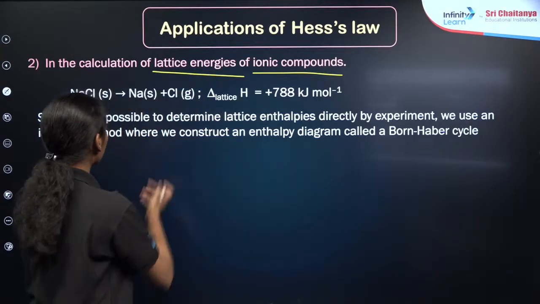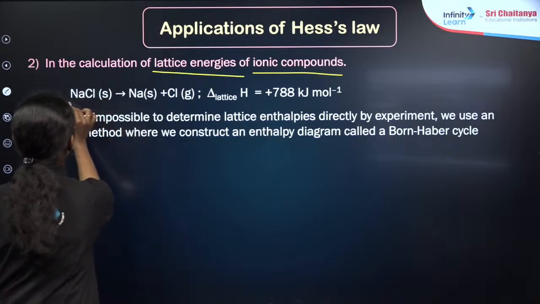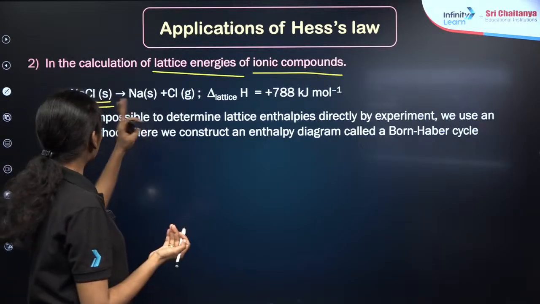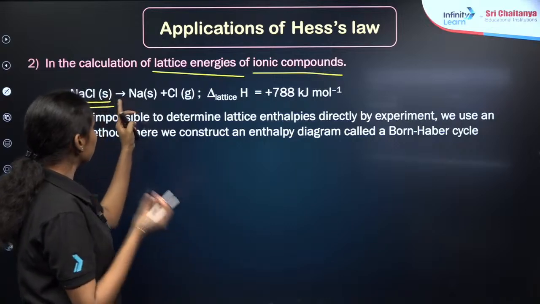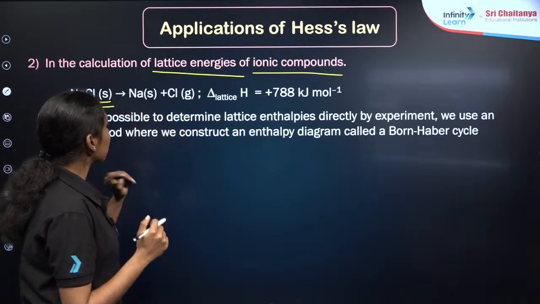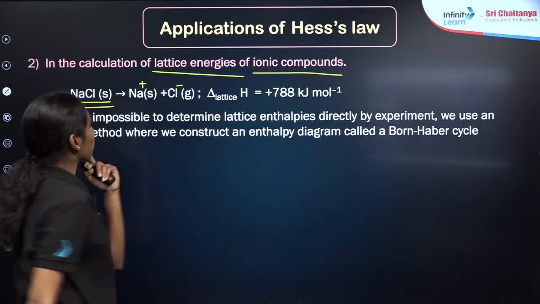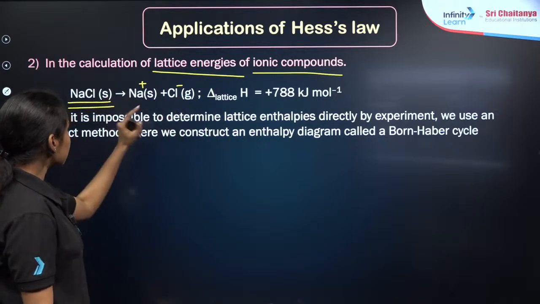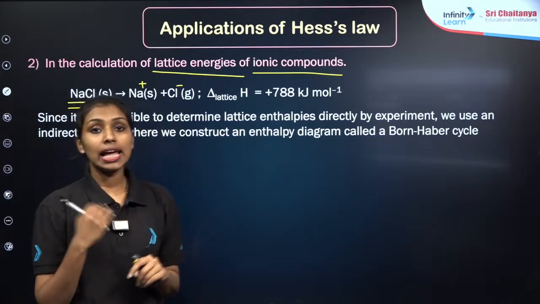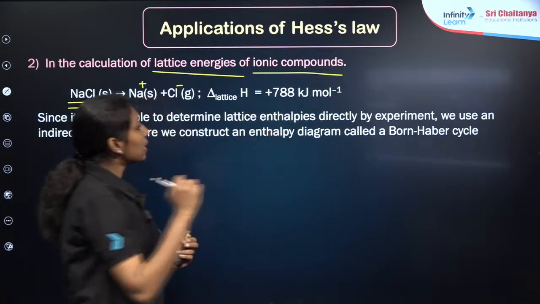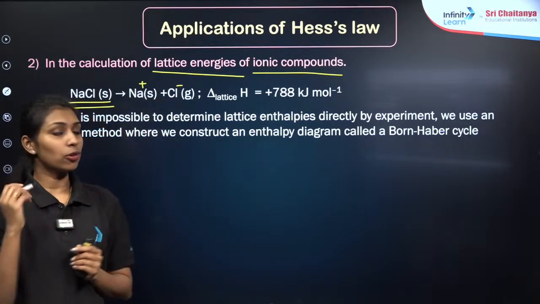For example, if I am taking NaCl solid, this is an ionic compound. Whenever it is forming from its constituent ions, Na plus and Cl minus, the enthalpy change is known as the lattice enthalpy, given as delta H lattice is equal to plus 788 kilojoule per mole.